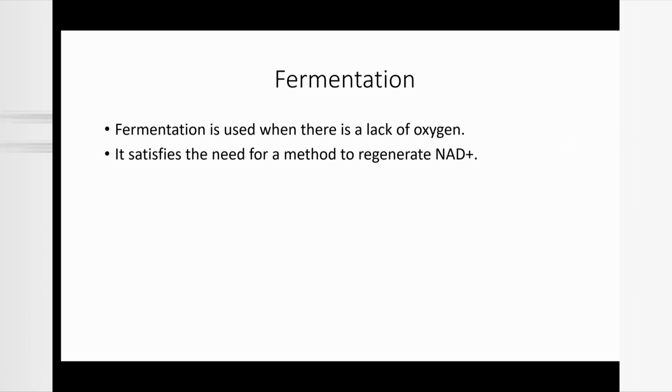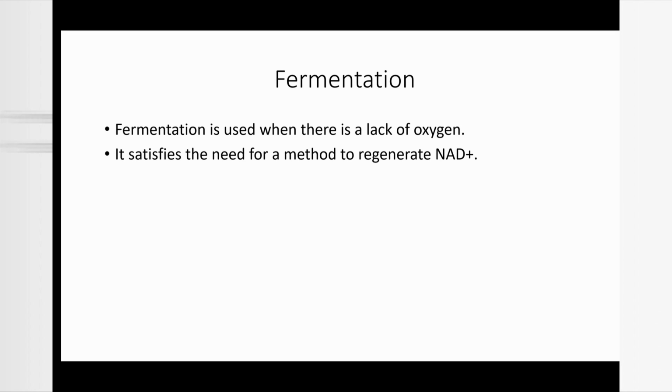Alright, so let's talk about what happens if oxygen is not present. If oxygen is not present, glycolysis will occur, as I just explained. And what will happen after that is fermentation. Like I said, fermentation is used when there's a lack of oxygen, and the reason is that it allows regeneration of NAD+.